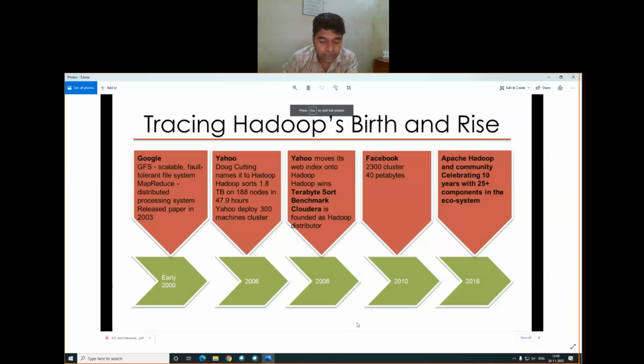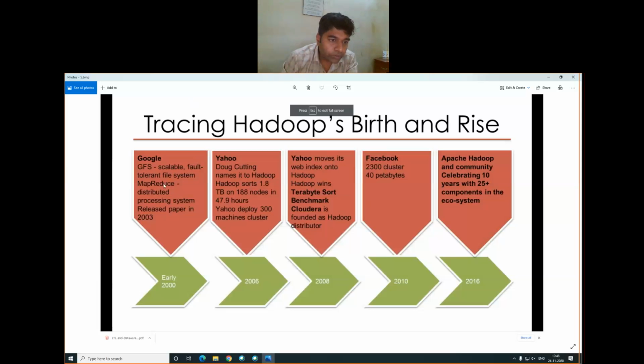In 2003 to 2004, Google published GFS and MapReduce.